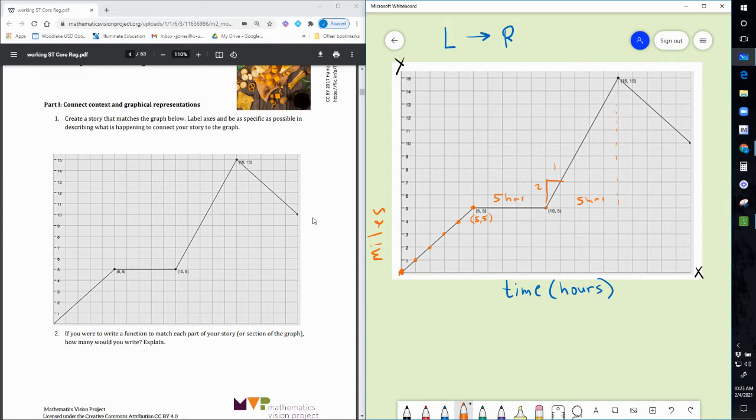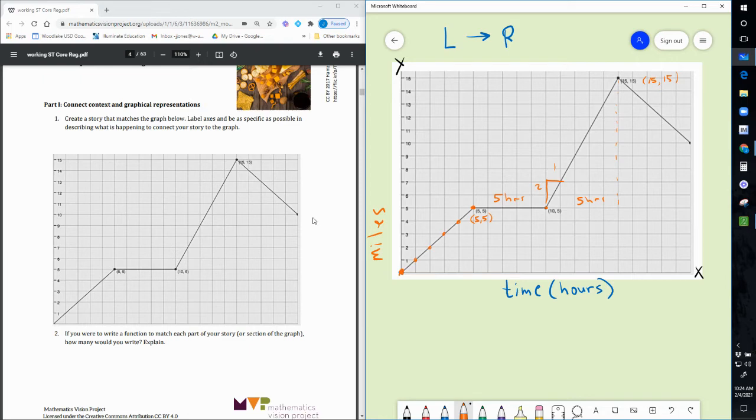So for 5 hours, he travels at 2 miles an hour until he reaches a distance of now 15 miles away from his original starting point. Okay, so look at the point 15, 15. 15 for X means 15 hours, and 15 for Y means 15 miles. So far, this trip has taken 15 hours, and he's gone 15 miles.